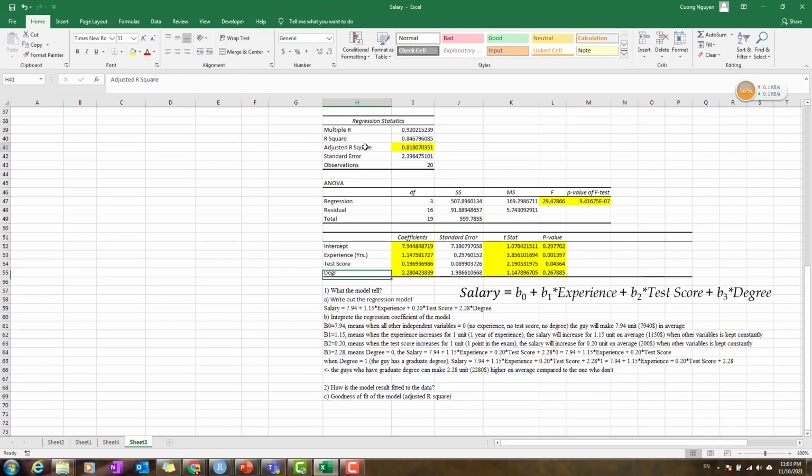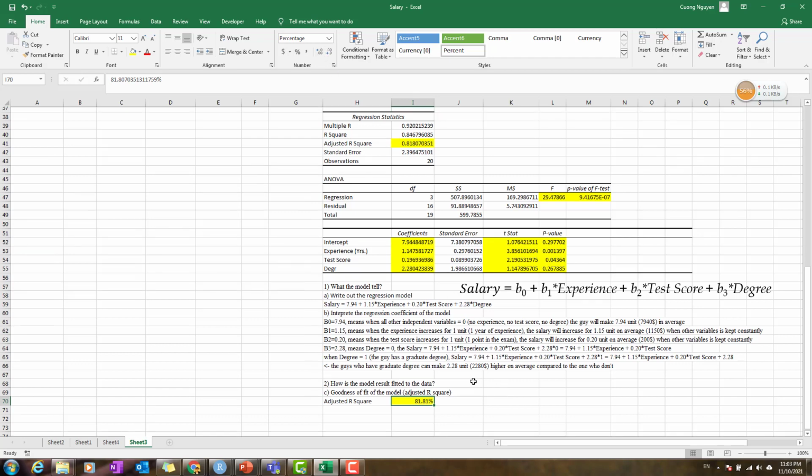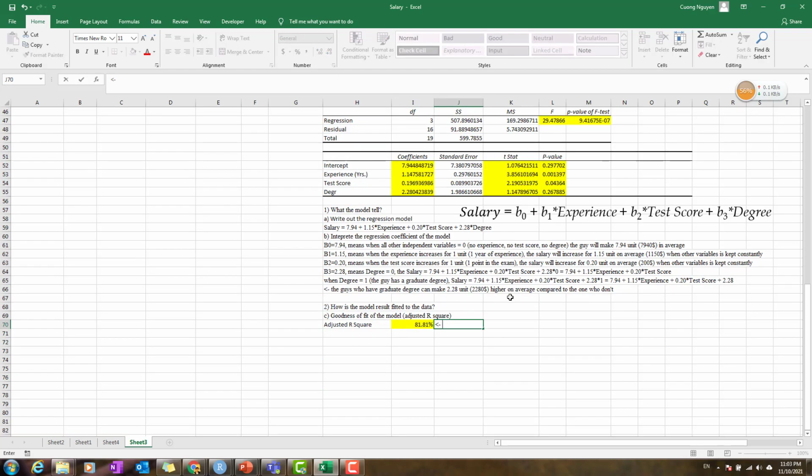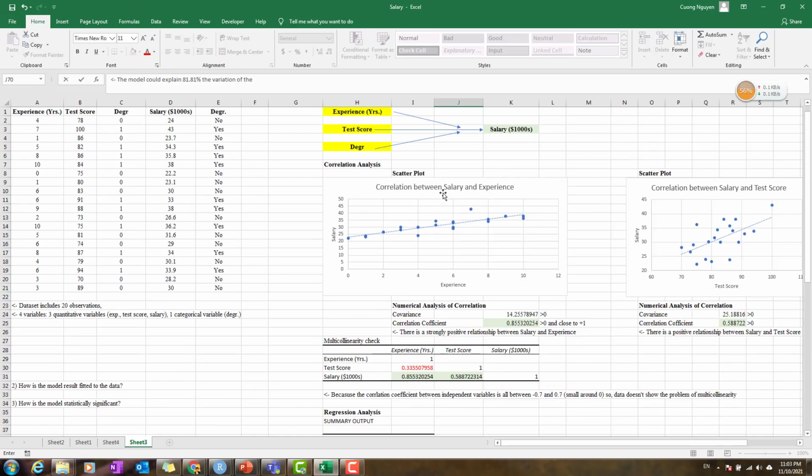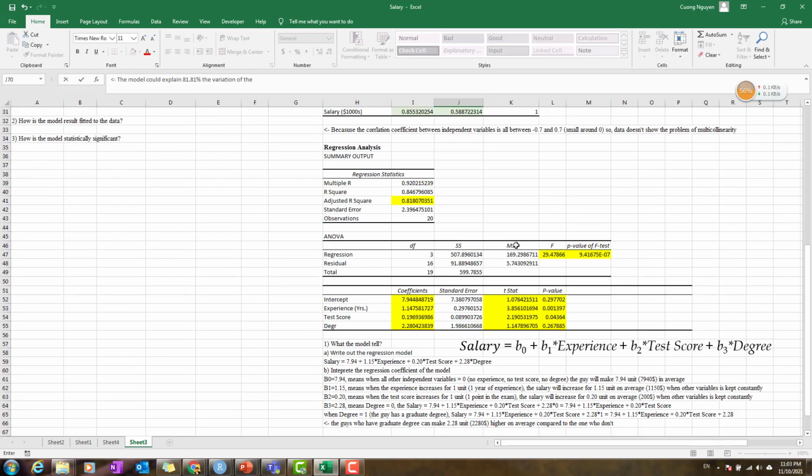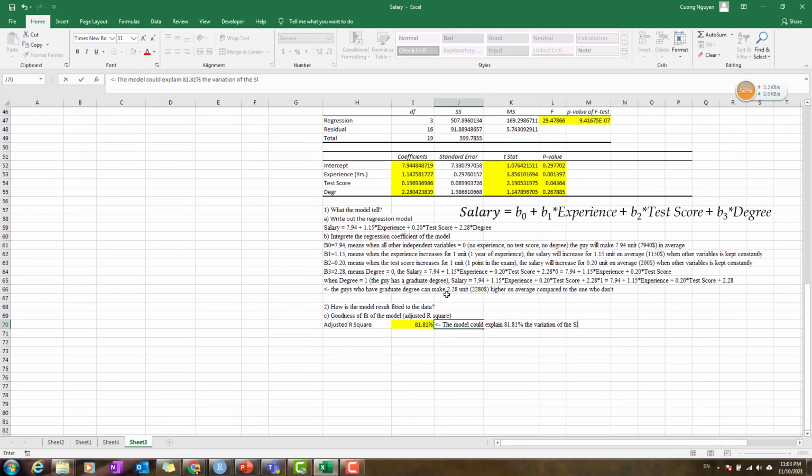When you see it like this, you can easily change it into a percentage, and that should be easier to interpret. And this means the model could explain 81.81% of the variation of the salary, right?